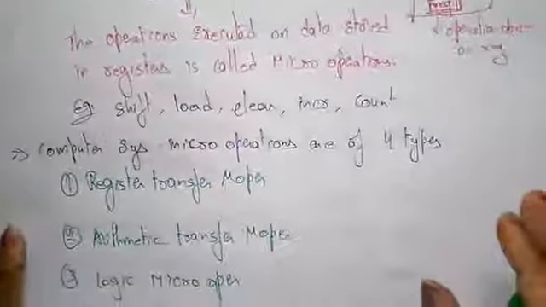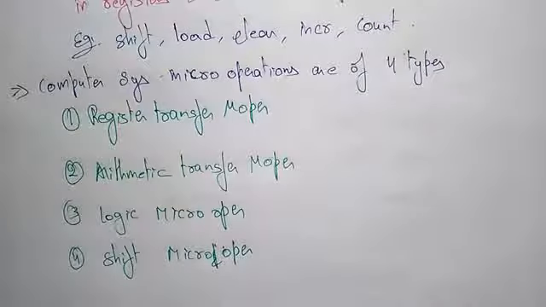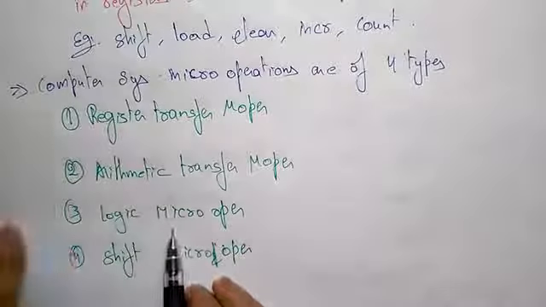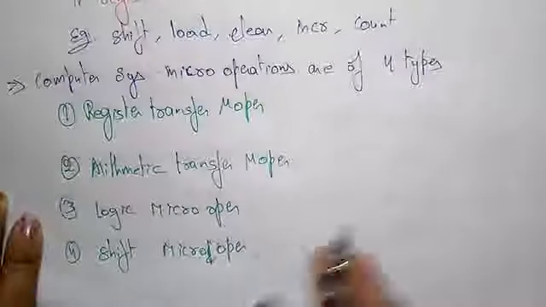So these are the 4 types of micro operations in the computer system: register transfer micro operation, arithmetic micro operation, logic micro operation, and shift micro operation.